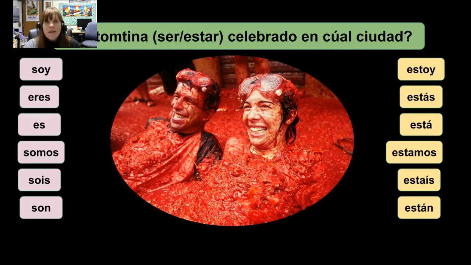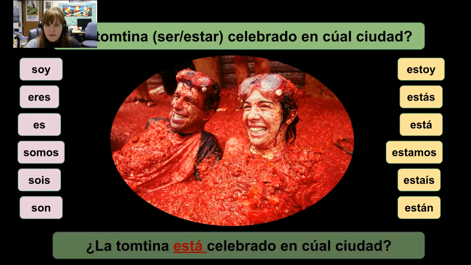La tomatina blank celebrado en cuál ciudad? La tomatina es celebrada en cuál ciudad? So what city is the tomatina celebrated in? So you're talking about location. If you're unsure what La Tomatina is, it happens every year in Valencia at the end of August.